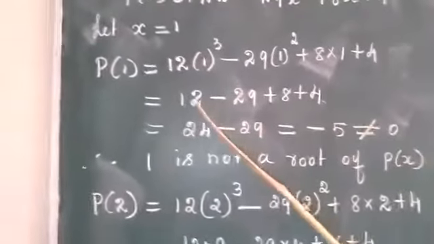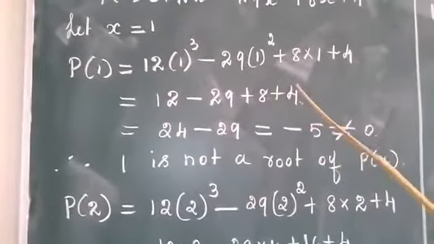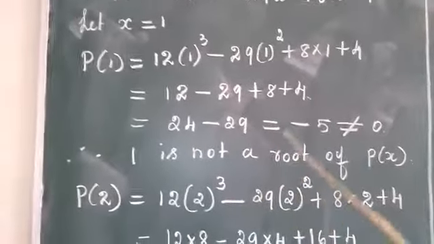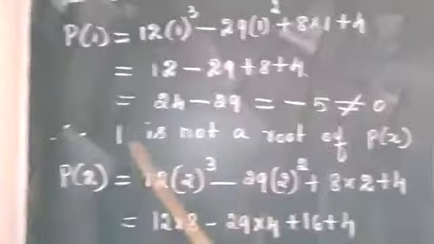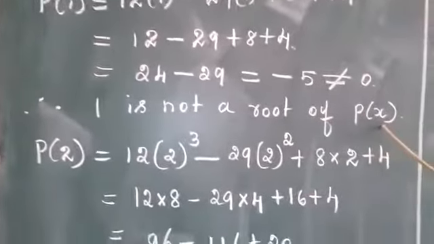Now if you add the positive numbers, 12 plus 8 is 20, 20 plus 4 is 24, 24 minus 29, we are getting minus 5, which is not equal to 0. Therefore, we can say that 1 is not a root of p of x.